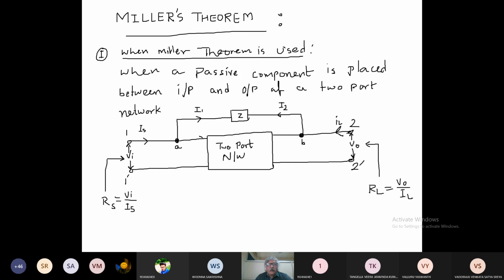Now at the two port, we are having input current here, and to the port, this is our I0.